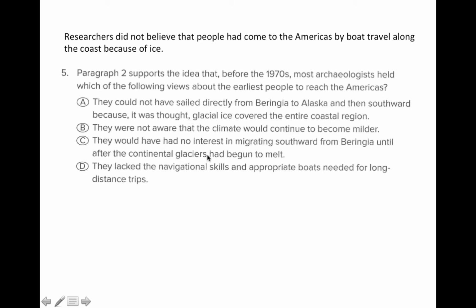This one, it talks about ice, but it talks about ice melting first. And that seems to be more specific information than from the paragraph. So A is the correct answer. It's most connected to this statement here that we summarized.